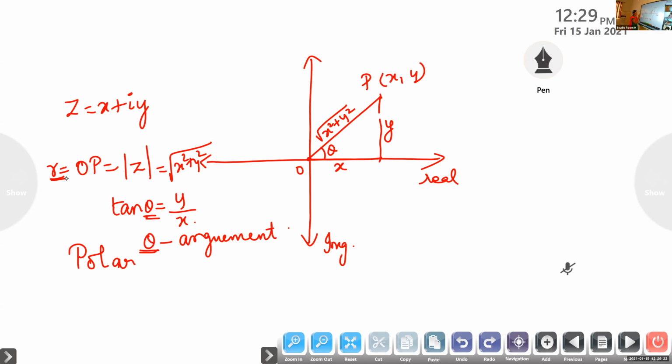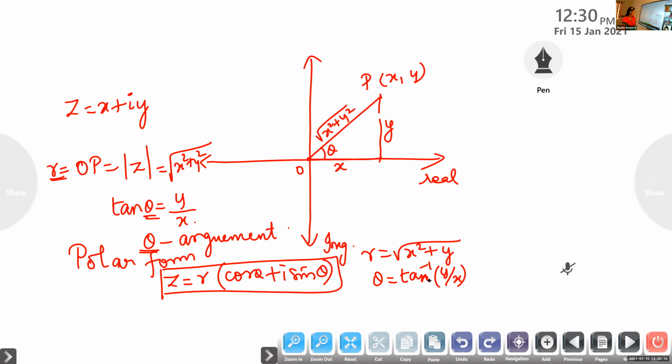R is root of x square plus y square. And theta is tan inverse of y by x.